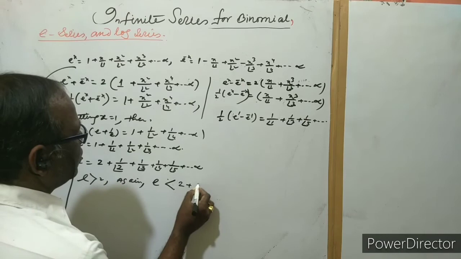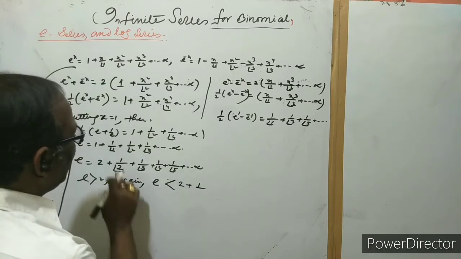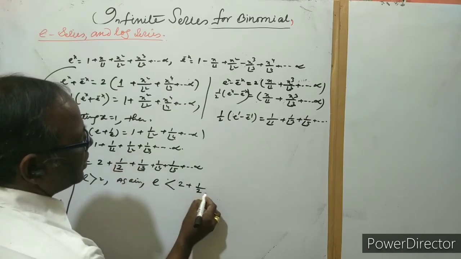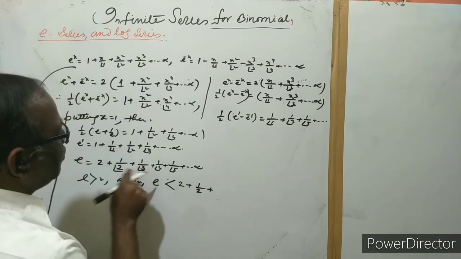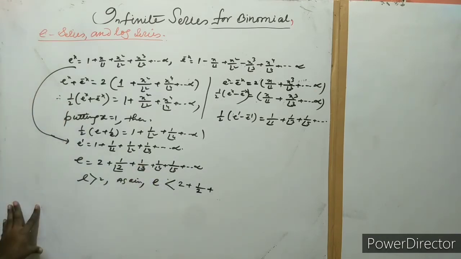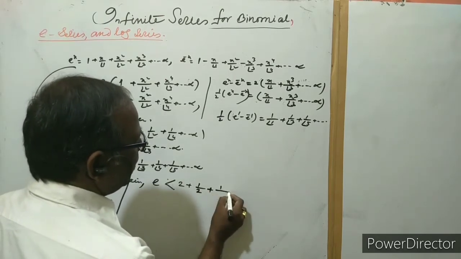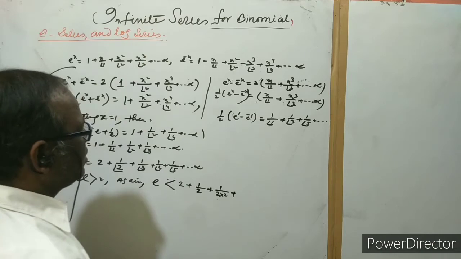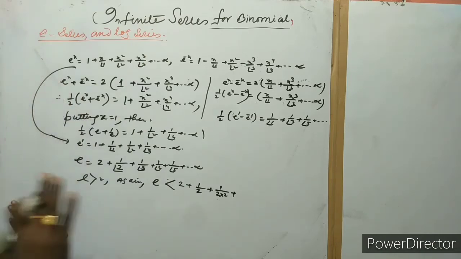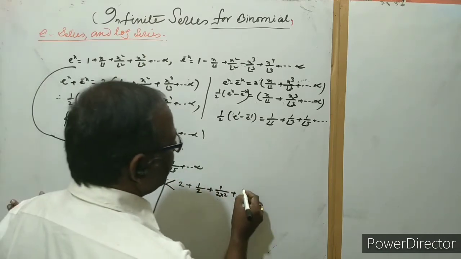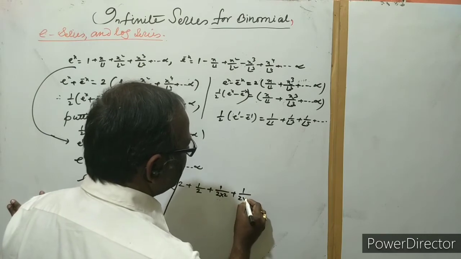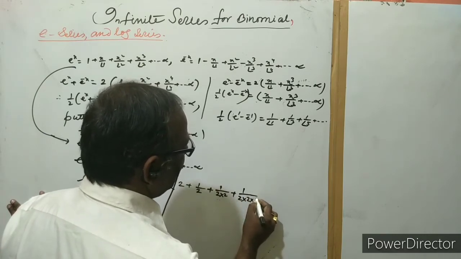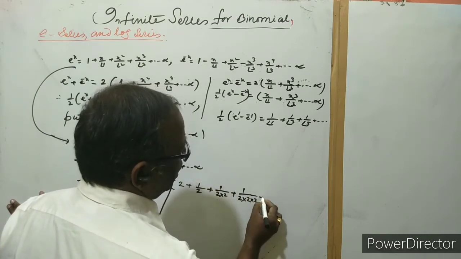So 2 plus, we replace 1 by factorial 2 as 1 by 2. Now this is 1 by factorial 3, that is 6. In that place I have replaced it with 2 into 2. And there we have the same factors 4, 3, 2. In place of 4 we put 2, in place of 3 we put 2, and in place of 2 we put 2.